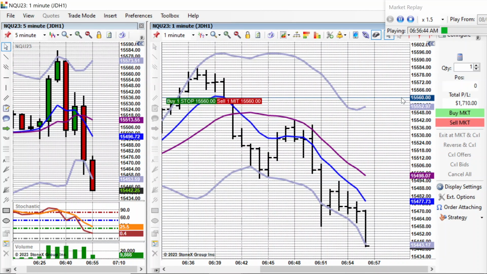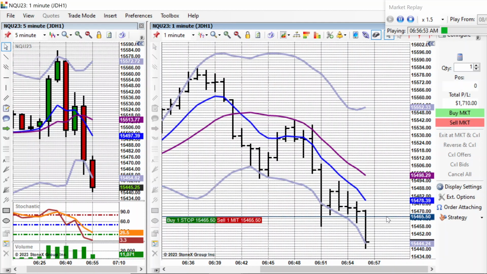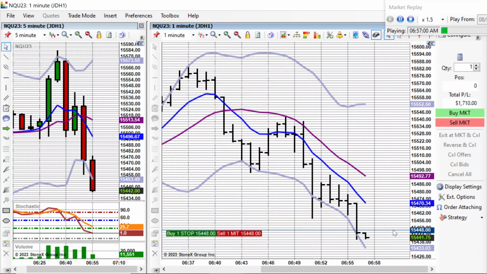The more volatile the market comes, I've actually seen this chart turn gray because the grid lines come so close together, and each of these grid lines are 2 points apart. So my target is set at 10 grid lines, which is just easier to count. But it's actually 20 points.